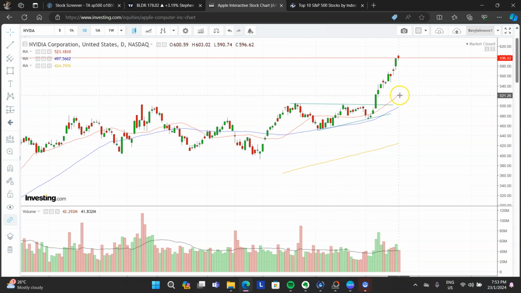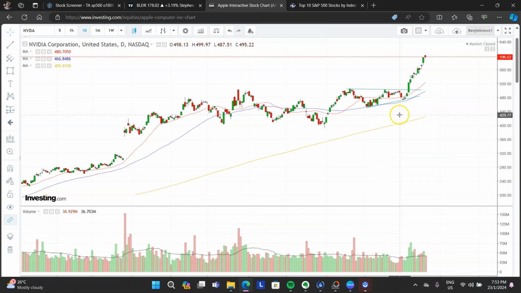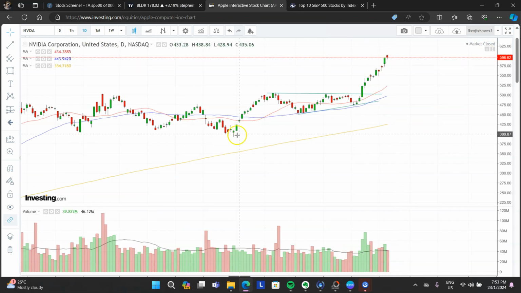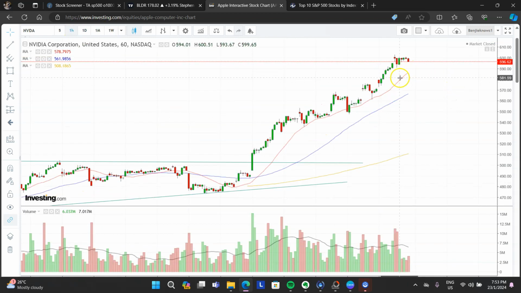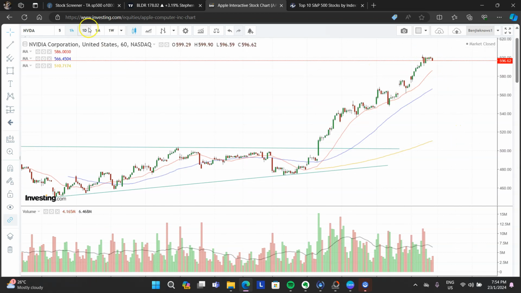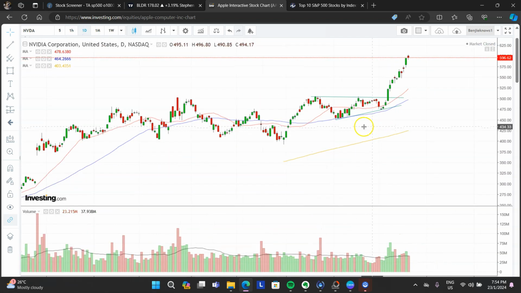You see the rising 20 MA, 50 MA, bullish, but usually with this kind of move, I don't want to use the target anymore. I would just use the 20 MA. If the stock is able to stay above the 60-minute 20 MA, 50 MA, then stay bullish. Once it drops below these two, then you start to be cautious to see if there's any correction. So stock market very good, very healthy.